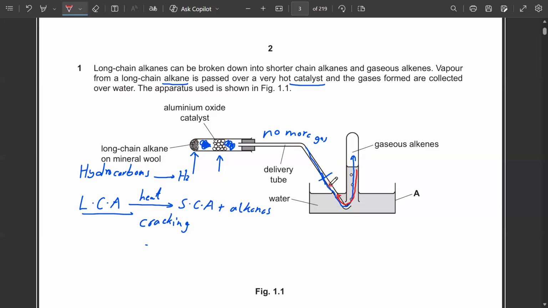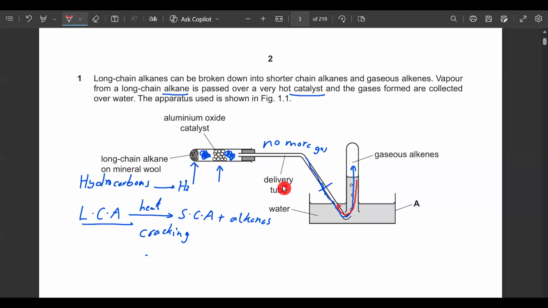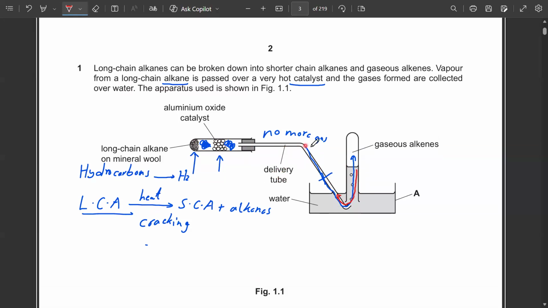So in that situation, the water will enter the delivery tube, and what if it reaches inside the test tube? We remember it was previously heated by the Bunsen burner to make the reaction feasible, and this is a hot test tube.